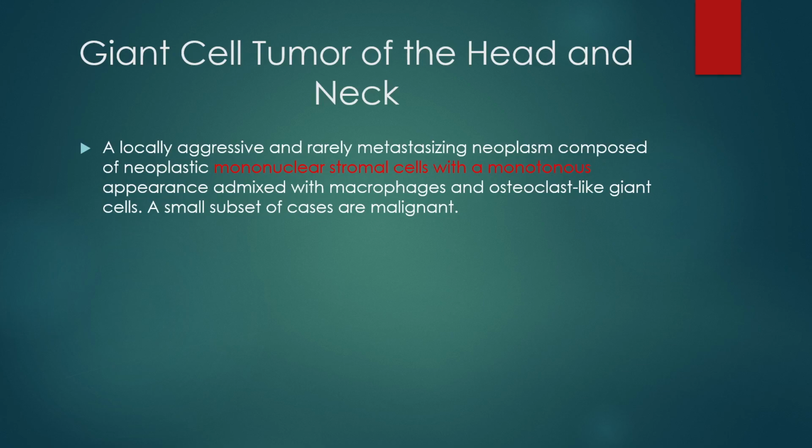But I'd like to remind you that not all giant cell tumors have tons of giant cells. You need to remember another characteristic finding really unique for this entity: the mononuclear stromal cell with a monotonous appearance.